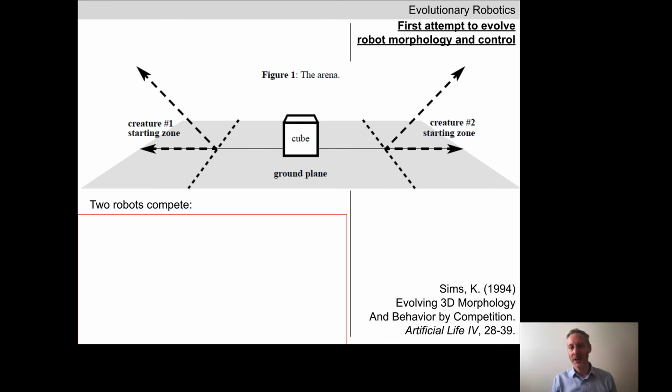In Sims's simulation here, he could access the positions and orientations of each of the body parts making up creature one and creature two, and the XYZ position of the cube. What would be a good fitness function for creature one?